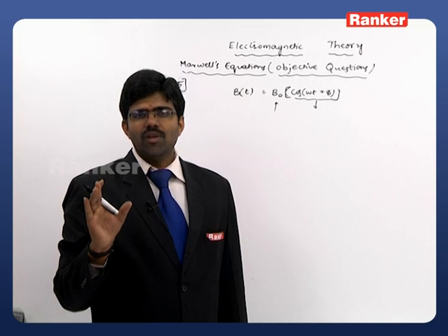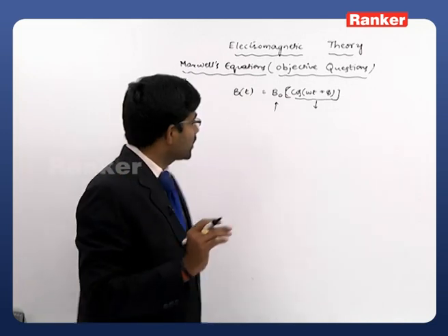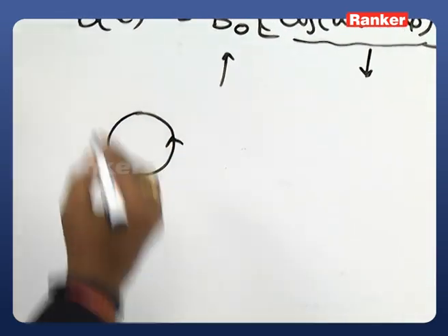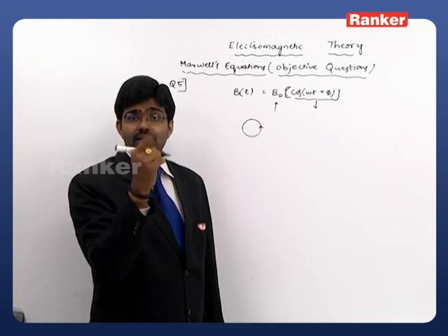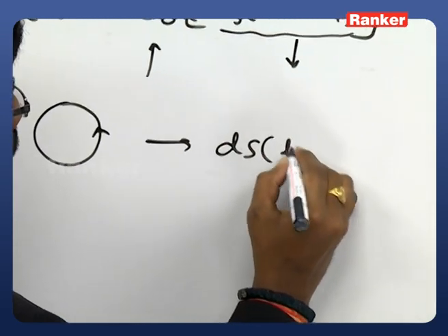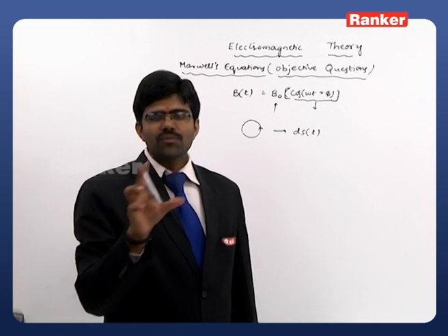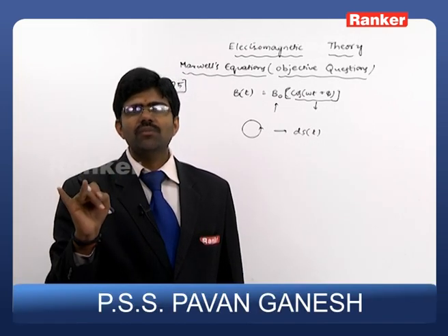So since it is a time varying field, clearly recollect, it is a generator action, right? And the second one, it is a rotating loop. The loop we have is rotating along the y-axis. Since it is rotating along the y-axis, clearly you can say that ds is also varying, that ds is also a function of time. So here clearly observe, ds is a function of time as well as B is a function of time.